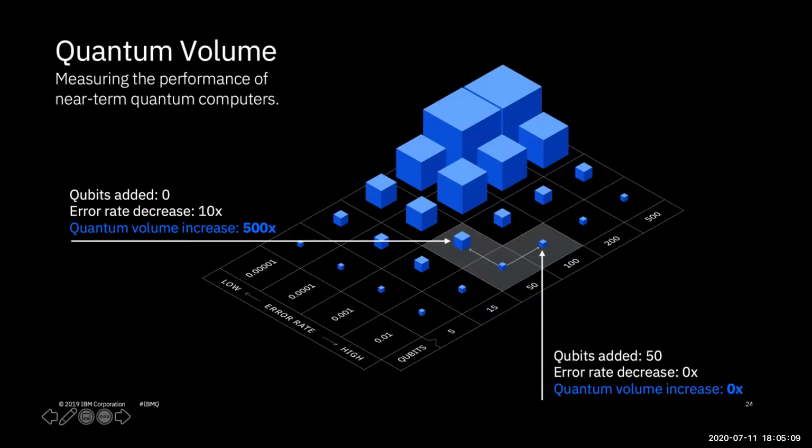Ideally, you would want to move across the diagonal. You do want a higher number of qubits, but really you do want better machines that are less erroneous. That is also equally important. So quantum volume should be the measure of how powerful the machine is. Number of qubits is just not sufficient to describe the power of the machine.